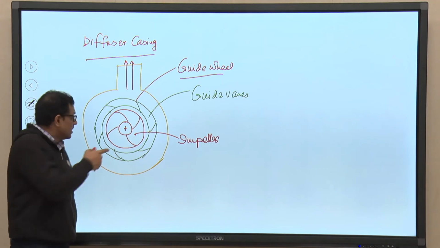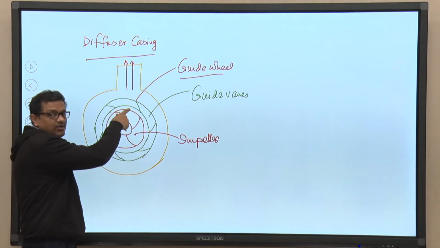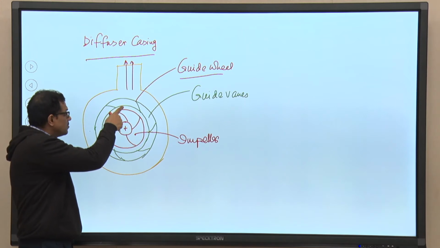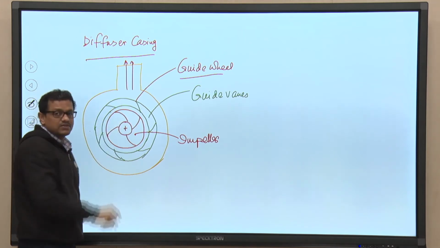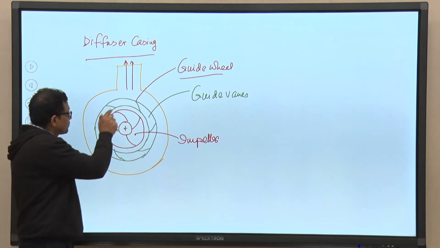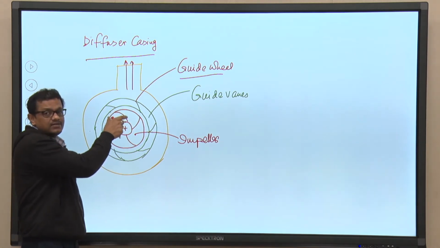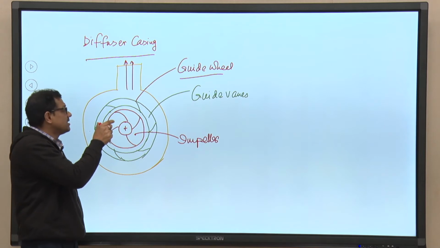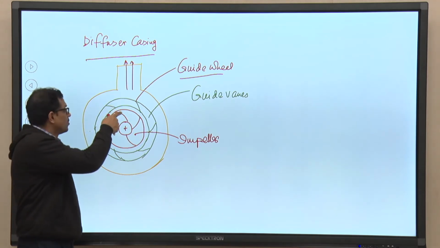So, what I am telling, the impeller is surrounded by a wheel, and this wheel is having a few stationary blades or vanes which are known as guide vanes. The space between two consecutive guide vanes has gradually increasing area towards the outlet. Okay.